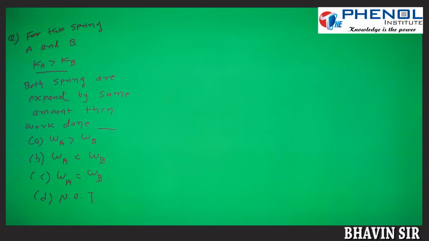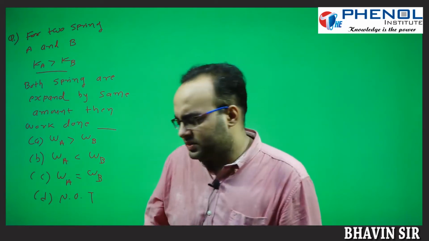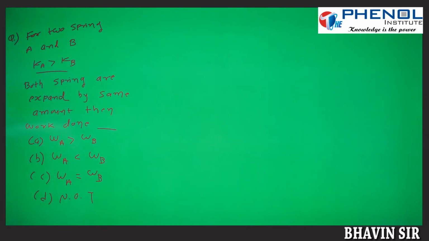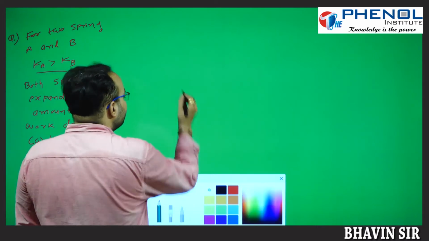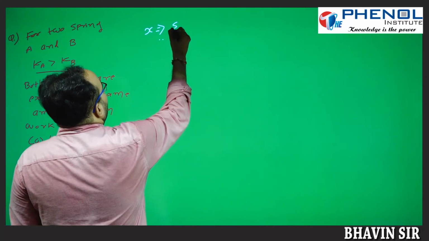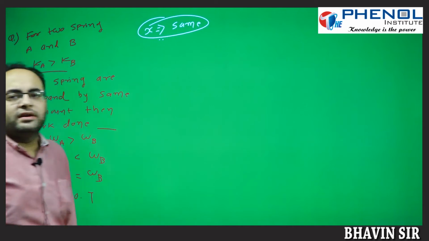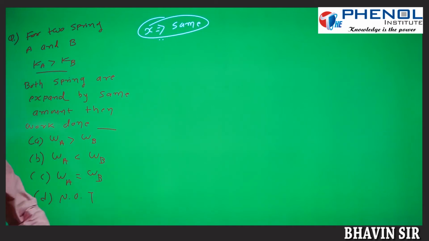So what is our answer? See, for two springs A and B, the spring constant of A is more than the spring constant of B. Both springs are expanded by the same amount, then work done. So see, same amount means what, student? Here X is same. Okay, here X is same.